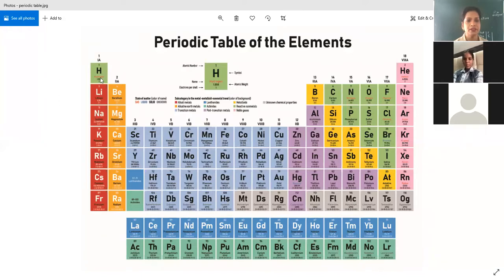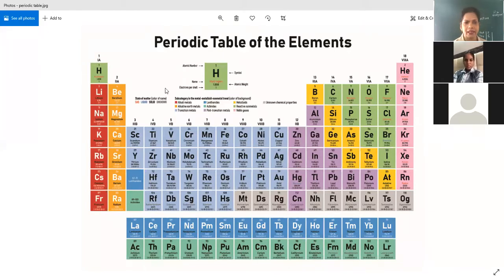So in this first group: hydrogen, lithium, sodium, potassium, rubidium, cesium, francium. Their last electron enters the s orbital. Similarly, in the second group, the last electron also enters the s orbital. But in the 13th, 14th, 15th, 16th, 17th and 18th groups, the last electron enters the p orbital.